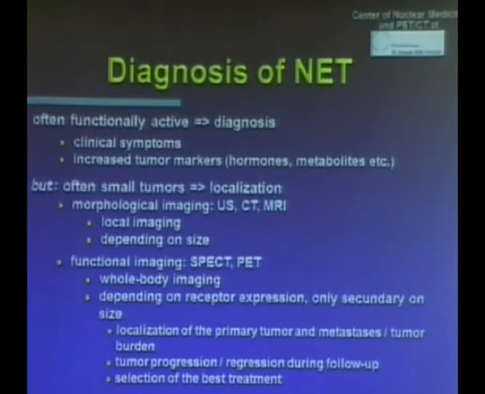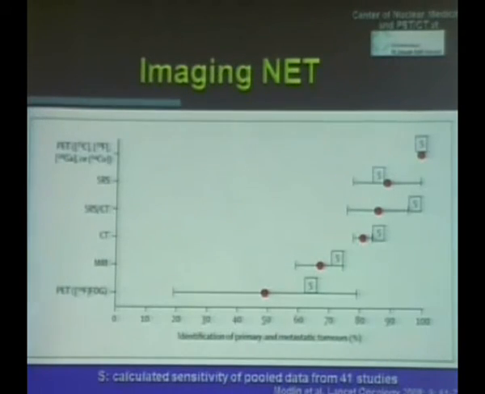So in a one-stop shop we can perform whole body imaging, and we can localize the primary tumor and of course the metastases or the tumor burden. We can detect the tumor progression or regression in a therapeutic regimen, or we can select the patient for the best treatment he should have.